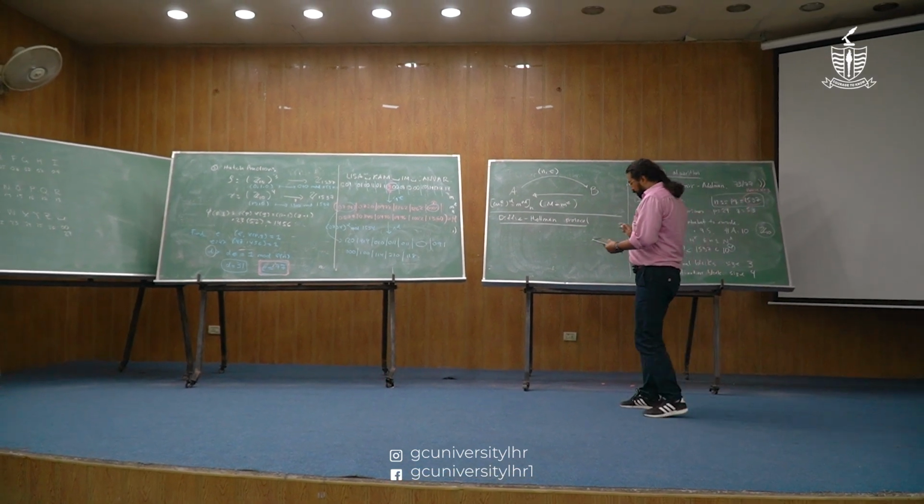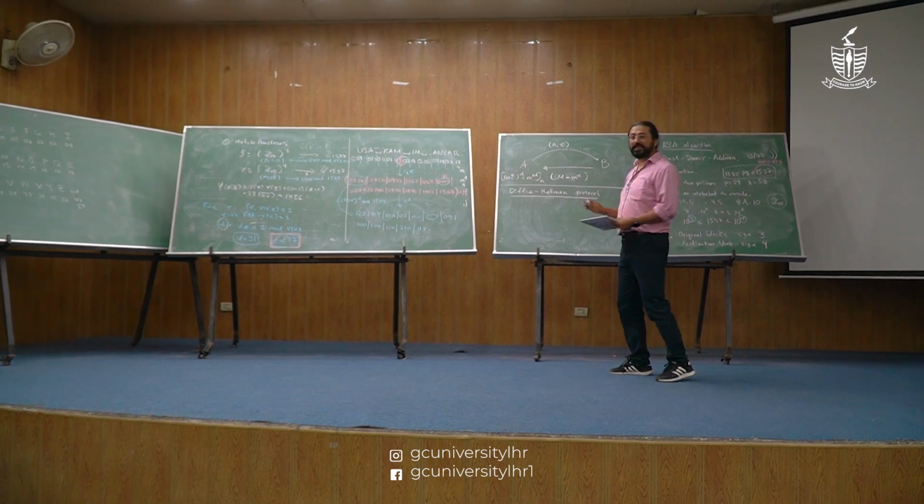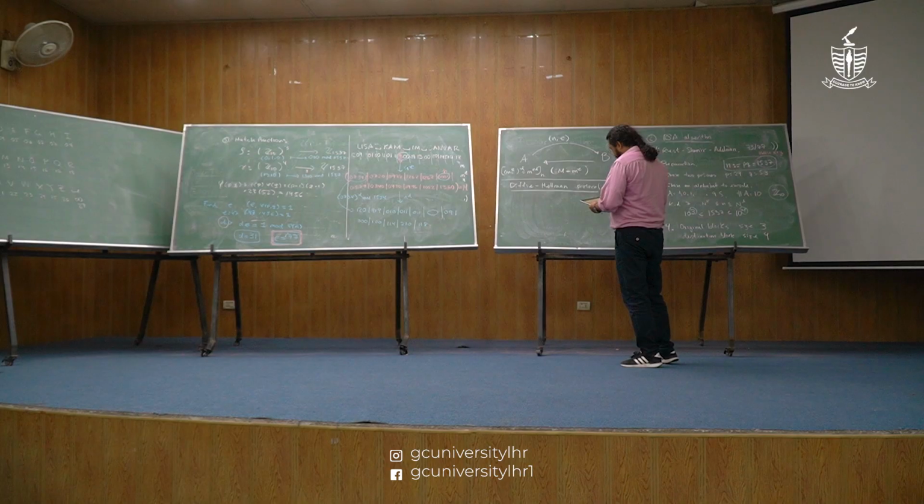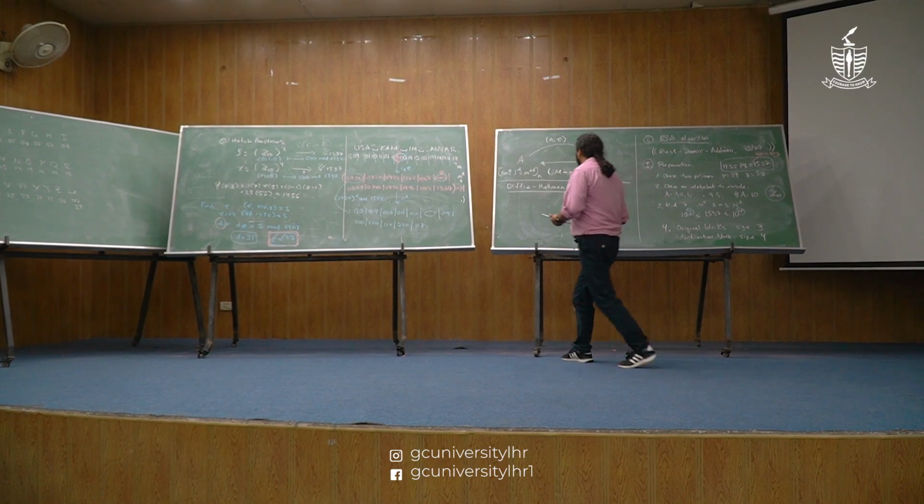So, this is a nice algorithm. I will just put here the main diagram. We have A, we have B, and we will have a public key that is shared between these two. A public key.